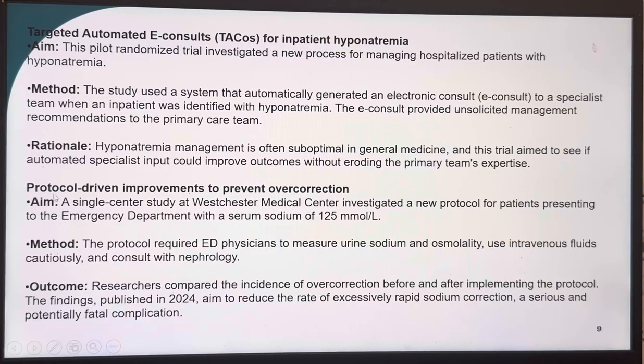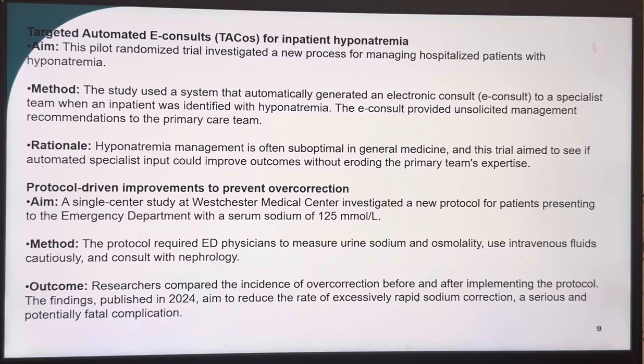And the last one is protocol driven improvements to prevent overcorrection. This is an interesting study in Westchester Medical Center where the nephrologist team and the ED team came together.